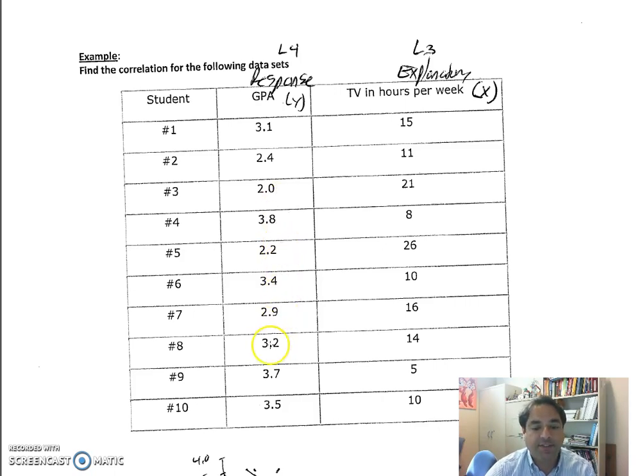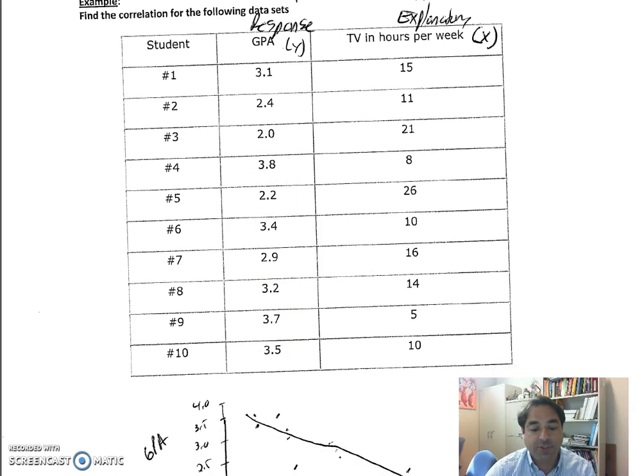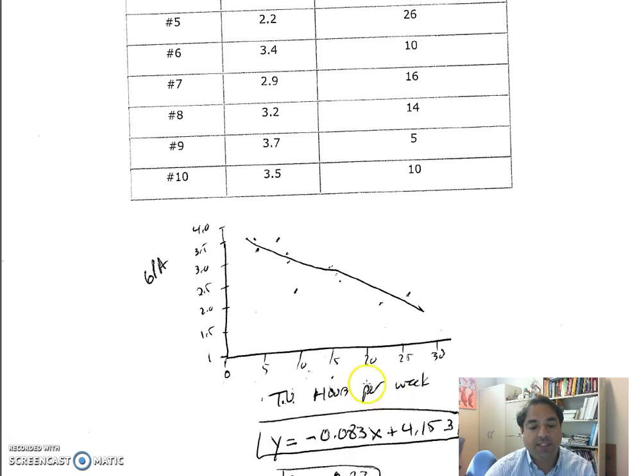And the highest is 3.7, so maybe go up to 4, 3.8, maybe go up to 4.0. So number 1, decide your scale. Notice here I've gone from 0 to 30, counting by 5s, and I've gone from 1 to 4.0, counting by 0.5s. Don't have to have the same scale as me, but you need to consider that first.